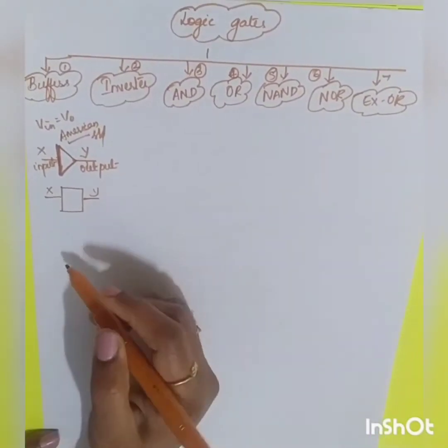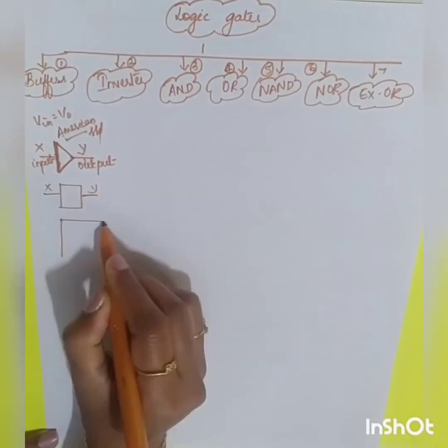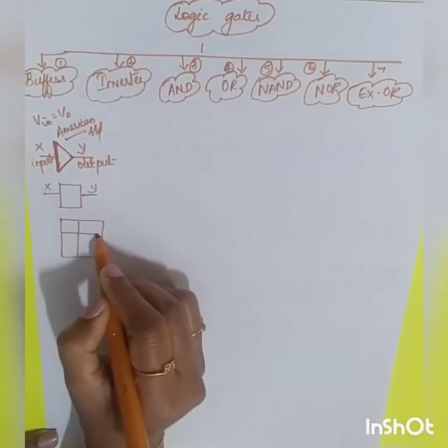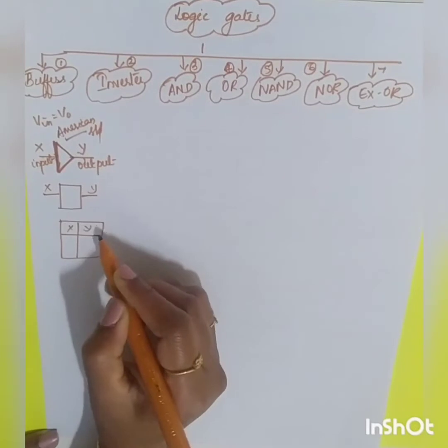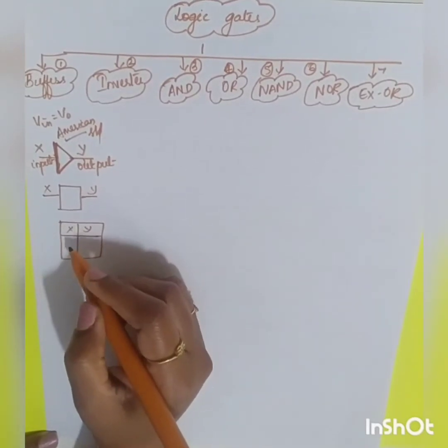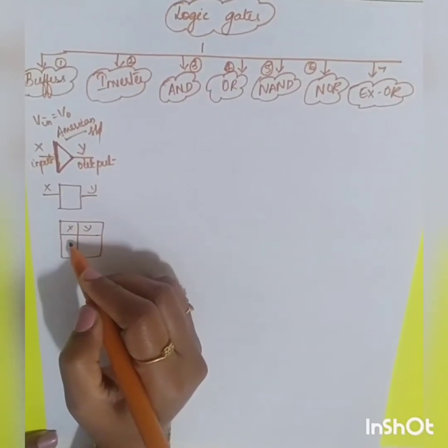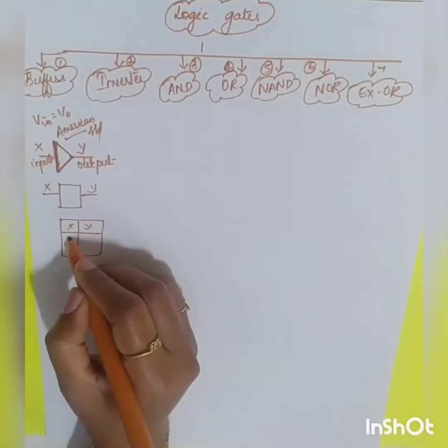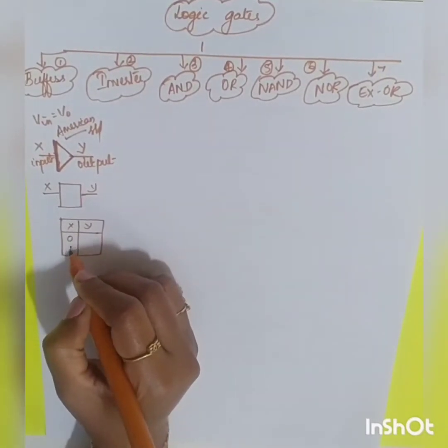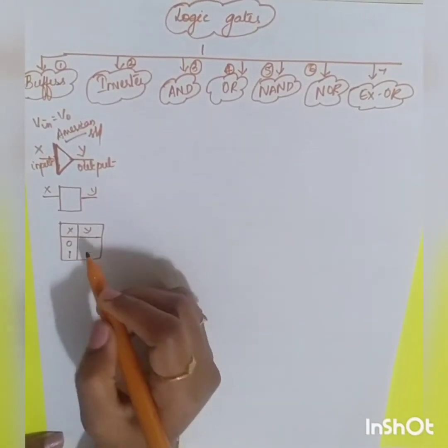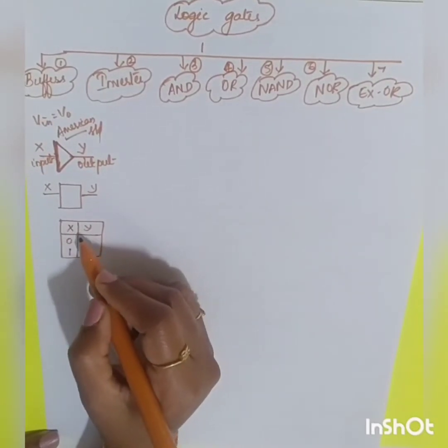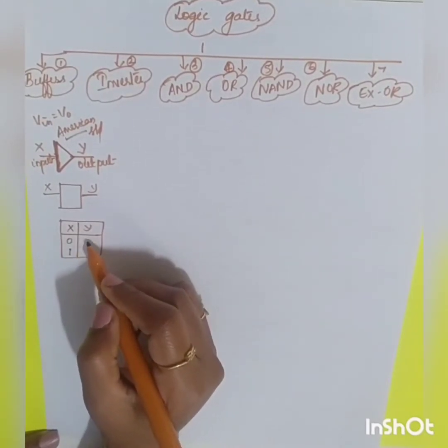Okay, so now what is meant by truth table? It is a table which gives you the output as well as the input values. In the case of digital, your possible input values are either 0 or 1.